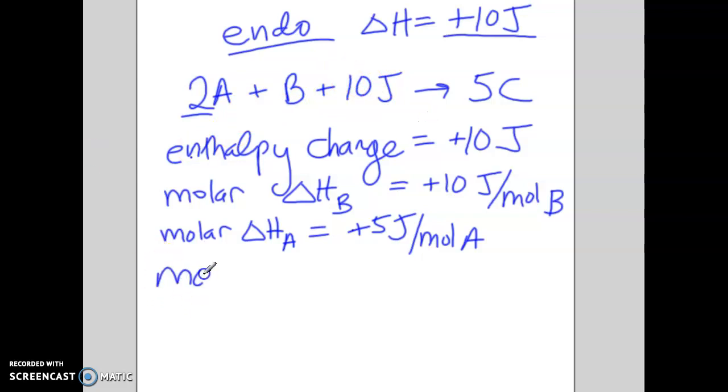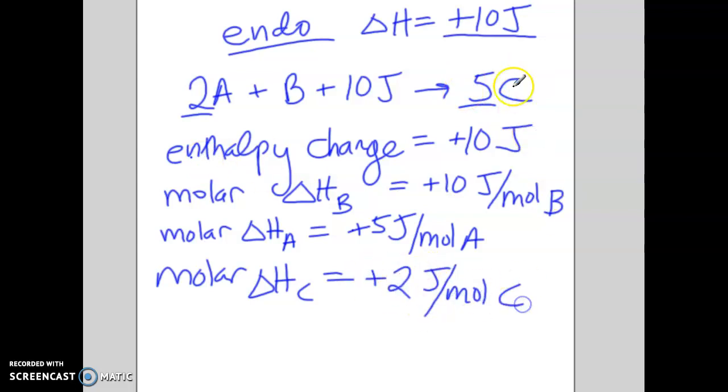So for us to do the molar enthalpy change for a mole of C, C is currently showing 5 moles. So this 10 joules is represented for 5 moles worth of C. That means if I wanted to show only 1 mole of C, I would essentially have to divide that number by 5.